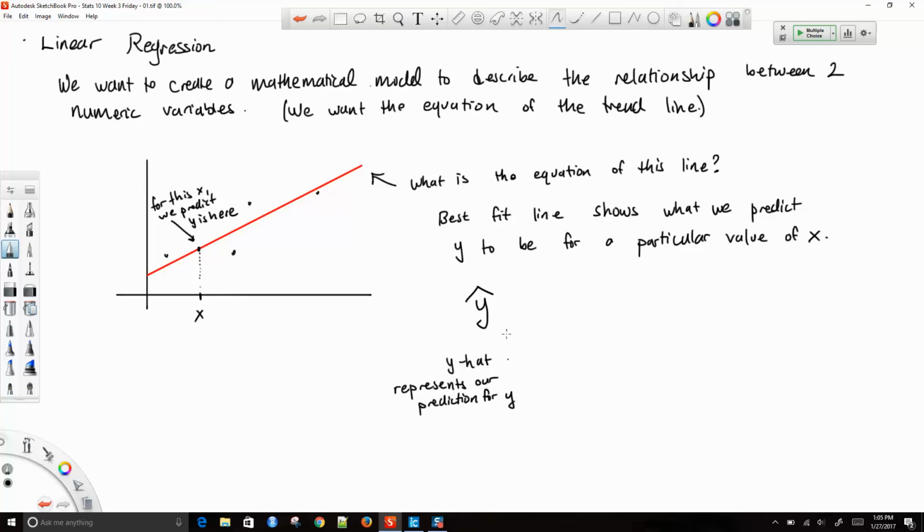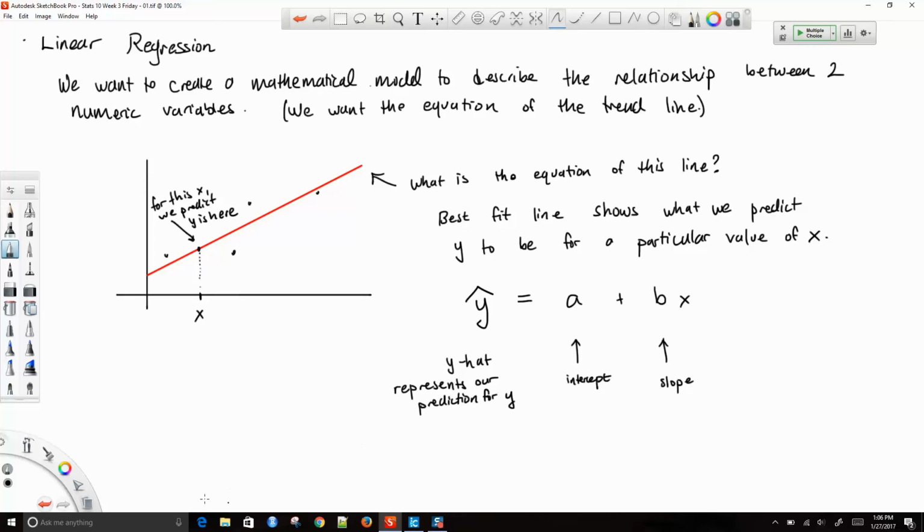And it's a line. So what is the equation of a line? You learned probably in algebra that the line is y equals mx plus b. In statistics, we change up the letters, and we have y hat equals a plus bx. Now this is our intercept, and this is our slope.